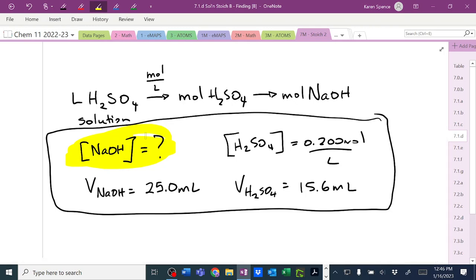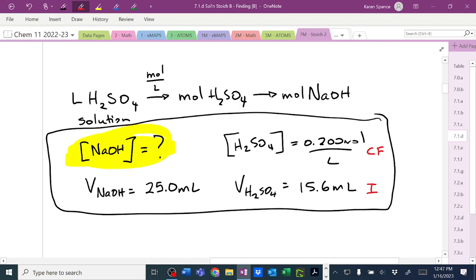So you know you're not going to be starting with 25 milliliters because that is part of your unknown. NaOH is unknown, so volume of NaOH is going to help me calculate my unknown, but it's not going to be where I start from. I have 2 quantities for the H2SO4. One of them has moles over liters, so that has to be the conversion factor, which makes this my initial quantity.